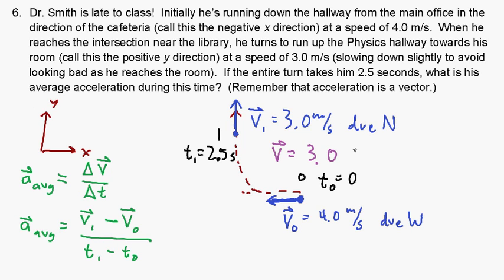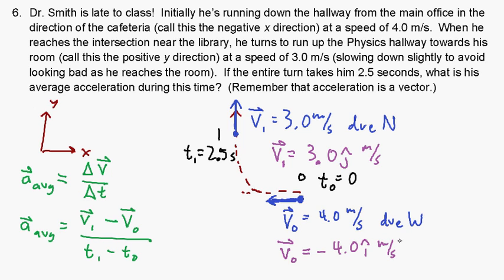So that's 3.0 j hat. I don't particularly care about units for intermediate calculations. You can include them; sometimes it's useful, sometimes it's not. Okay, so negative 4.0 i hat was our initial velocity because we're going due west.